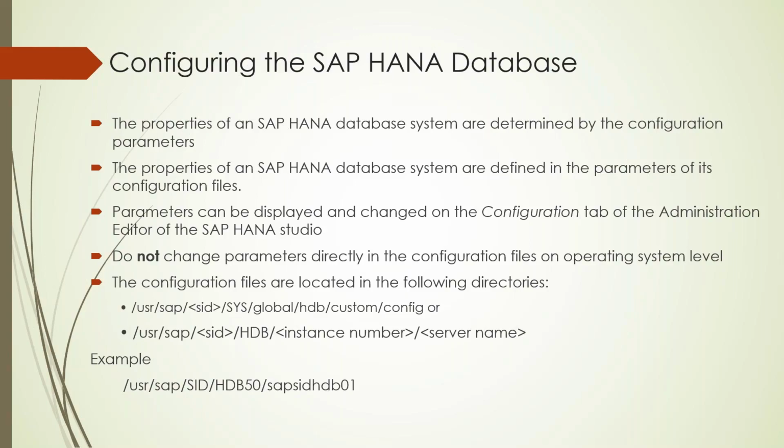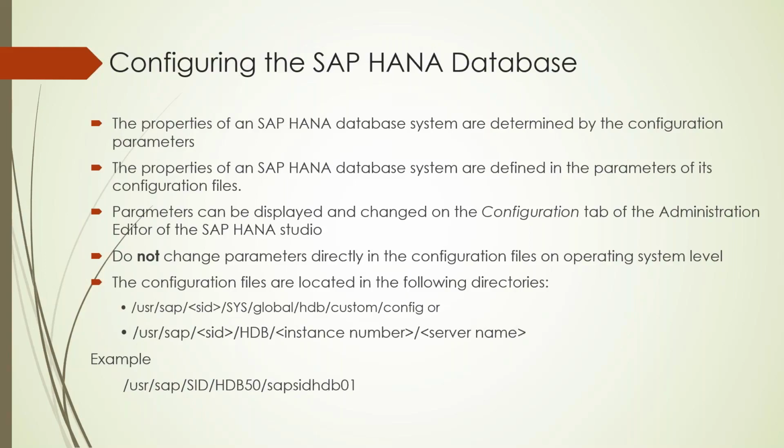Like this. There are also global parameters, which are globally available for your entire database, entire tenant. So the global.ini file is there, with some global configuration like backup configuration, memory management, memory tracking. You can configure these in the global.ini.